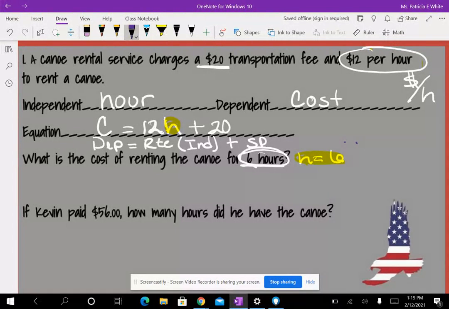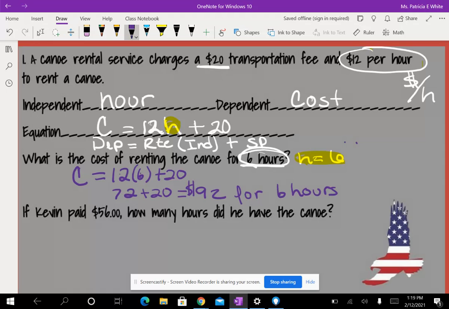So I'm going to say cost equals 12 times 6 plus 20. 12 times 6 gives me 72, plus 20 gives me 92, right? All right, so I have $92 for 6 hours.